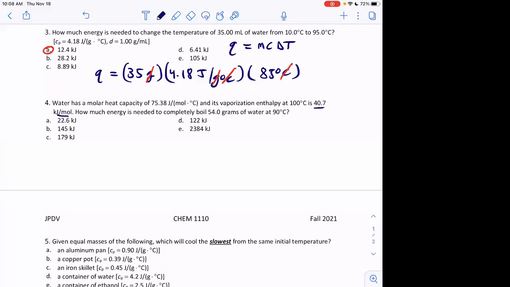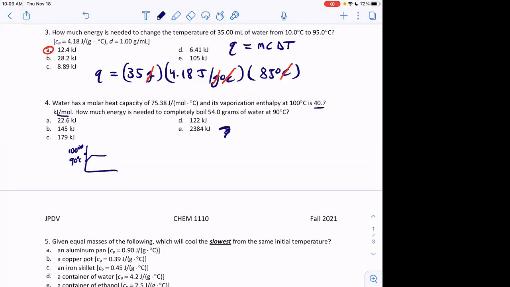Now, what are we doing? We're taking water at 90 degrees C, and we're going to heat it up to 100 degrees C. And then we're going to boil it, right? So what Talia and Houston are talking about is, I've got to boil that water, so I need this one.